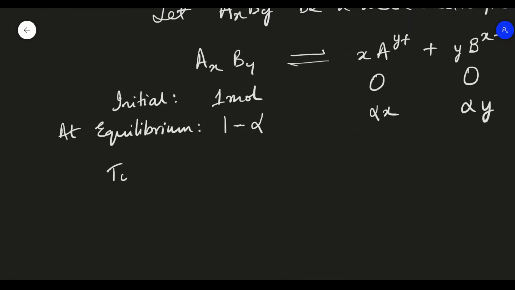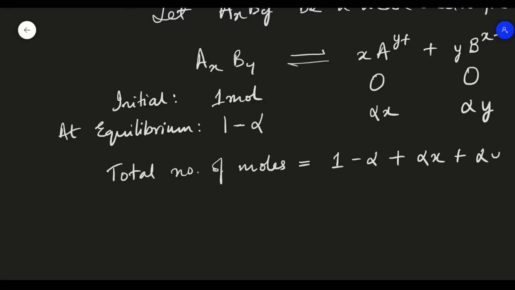So therefore the total number of moles after dissociation would be equal to 1 minus alpha plus alpha into X plus alpha into Y. Now let us consider, in this case X and Y are the number of cations and anions that are produced after dissociation.